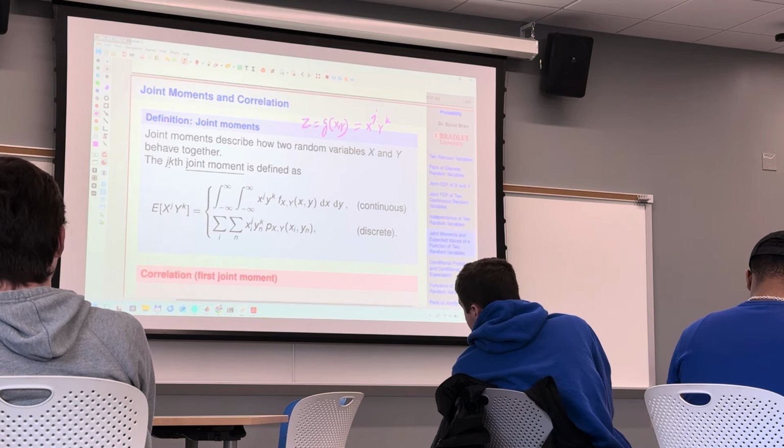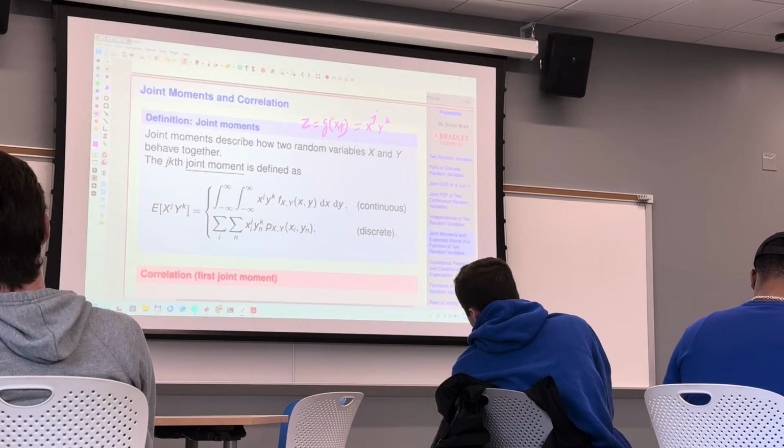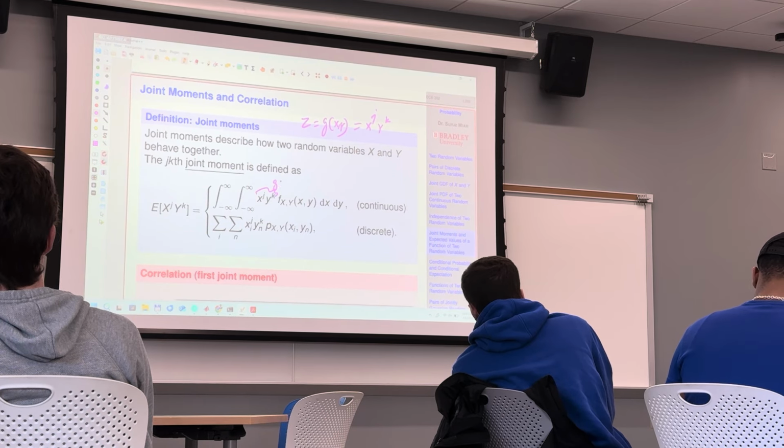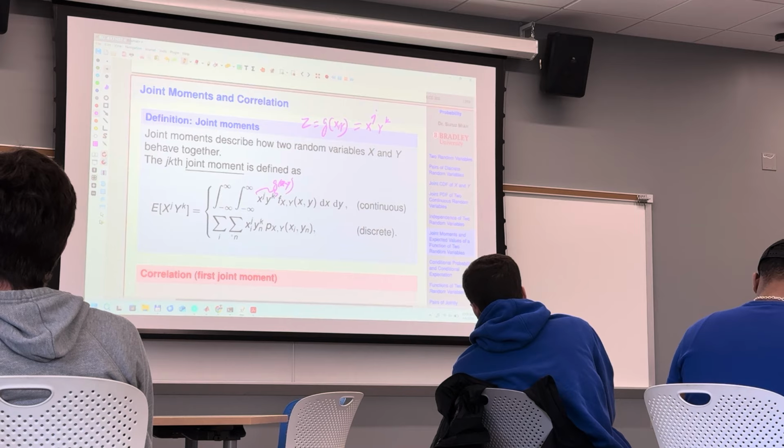We call this the joint moment. Because we know the function, we just write it right here, and the joint PDF with dx dy. For the discrete case, instead of integration, you have summation, and you have the joint PMF here.